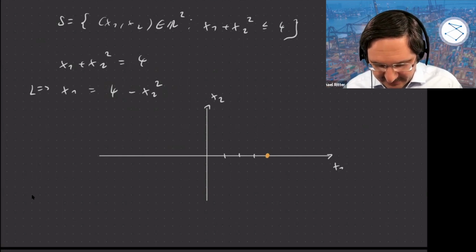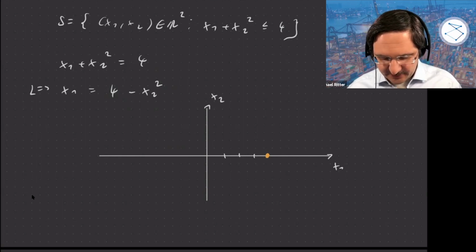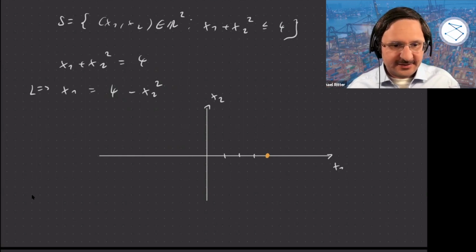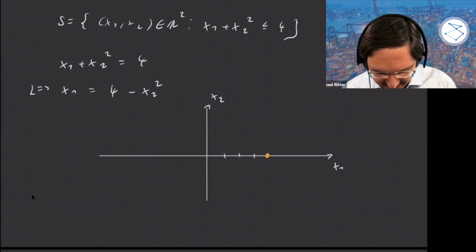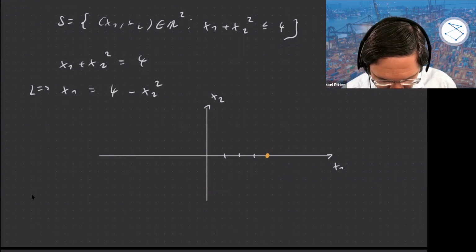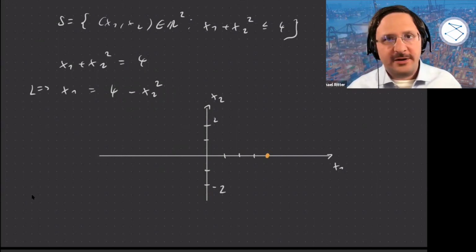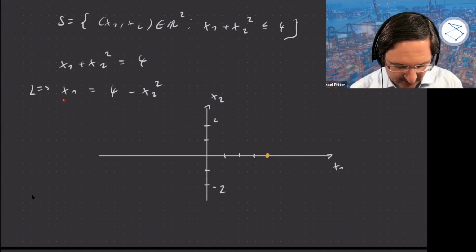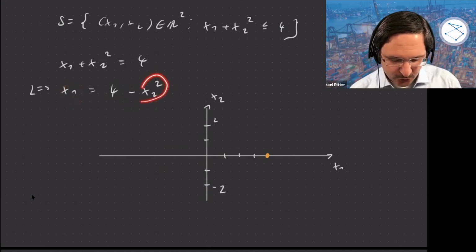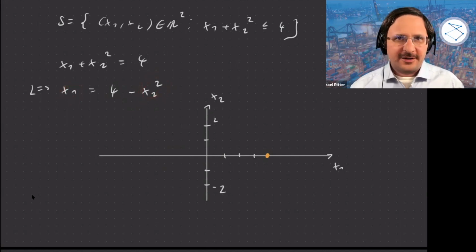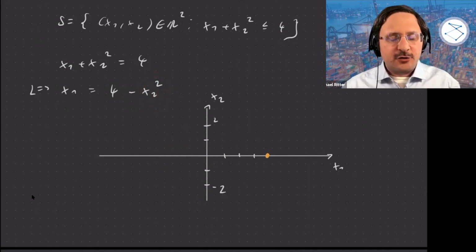And its roots, so it passes the x2 axis exactly at the points 2 and -2, right? Because that is where x1 would be 0. And if I want x1 to be 0, then x2 squared has to be 4. And that means x2 is either 2 or -2, right?